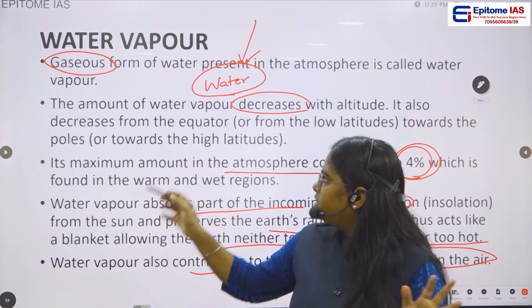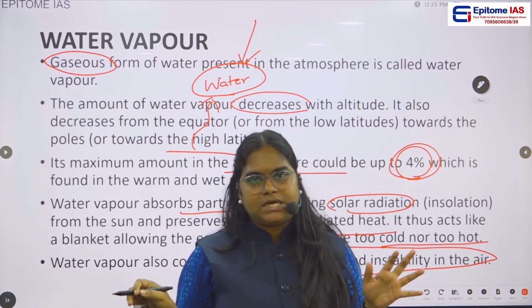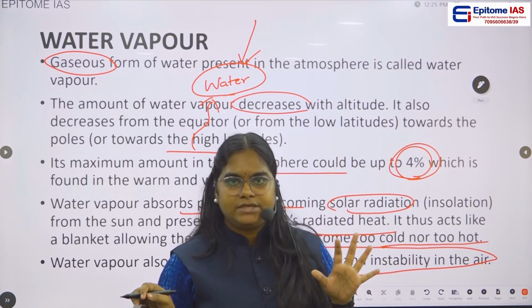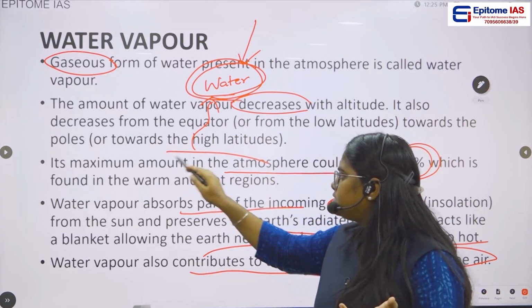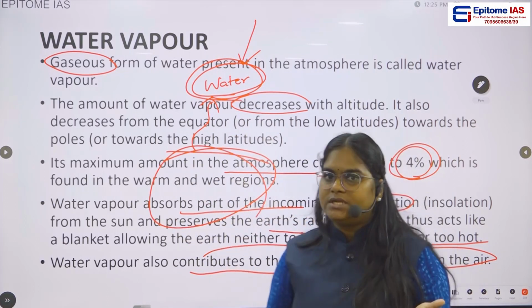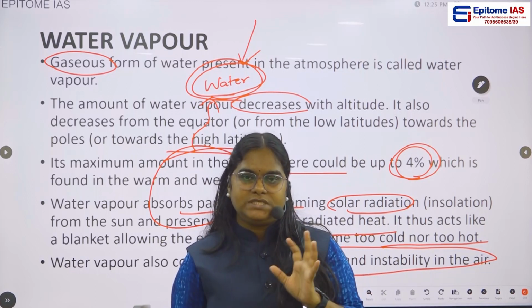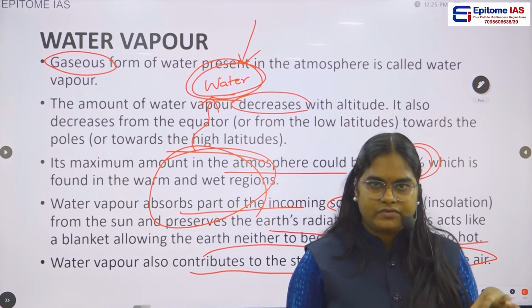And in the case of terrestrial radiation, which is radiated back by the earth's surface, it again absorbs the terrestrial radiation. Because of that, the earth's surface is maintained and does not become too warm or too cold. So this water vapor is actually maintaining the earth's surface.